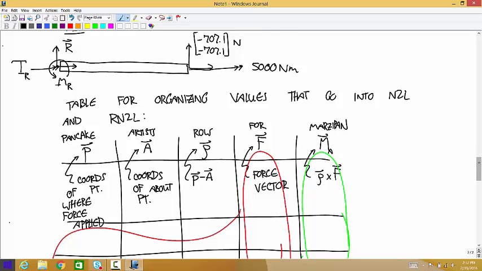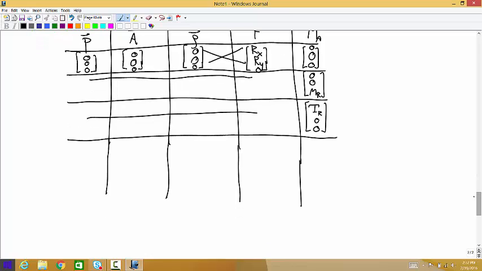The coordinates of the right end are 1, 0, 0. The about point is still 0. So subtract and you get 1, 0, 0. The force vector was negative 707.1, negative 707.1.